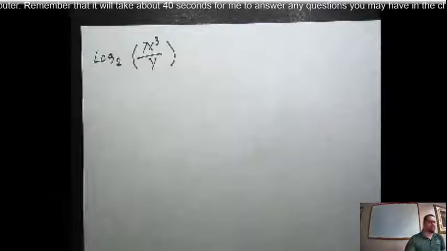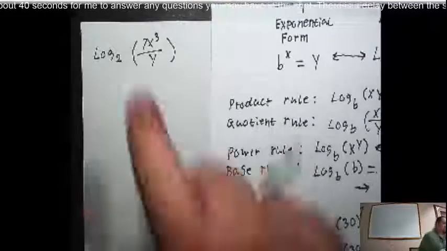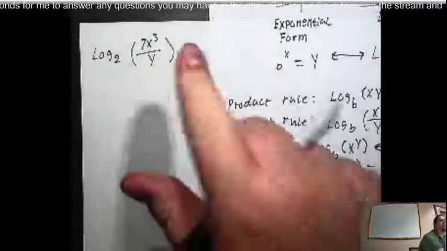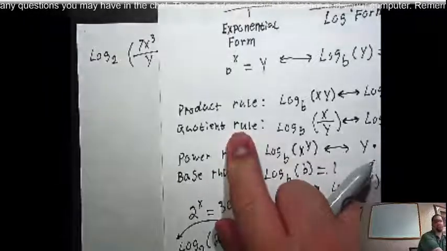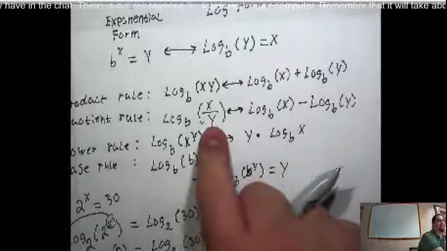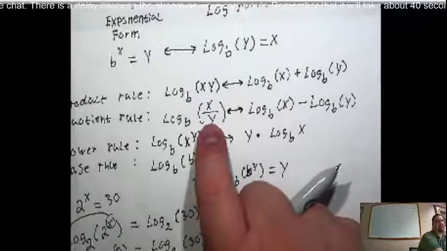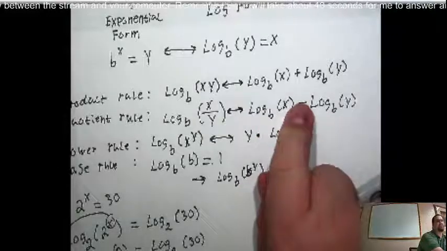Okay, so once again, looking at our rules here, I see that the thing we're taking a log of is a fraction, and that immediately makes me think of the quotient rule. The quotient rule says that if we're taking a log of a fraction, we can split it up as two logs that are subtracting.